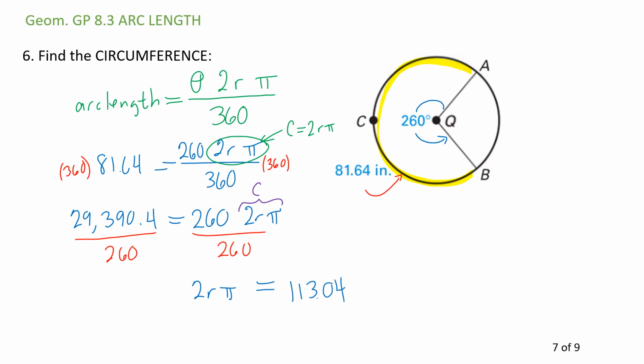It asked me for the circumference, so I could find the radius by dividing that by 2 and then dividing it by pi, and I would get the radius is equal to 17.9. It's actually, the radius is actually equal to 18. But to find the circumference, you would go 2 times the radius times pi. That gets you back to 113.04.